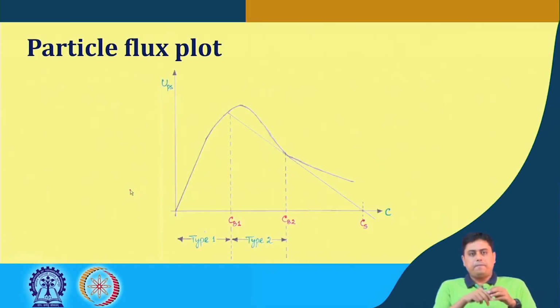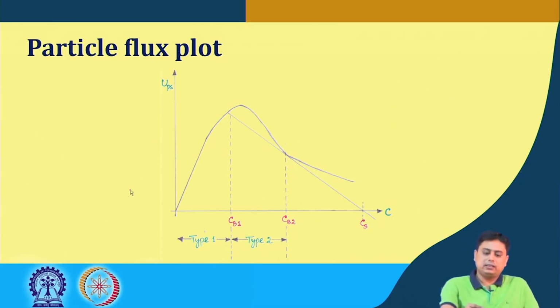Now, if we look at the particle flux plot, we can basically determine when type 1 or type 2 will occur, the onset of these settling periods or the settling criteria. How does it happen?